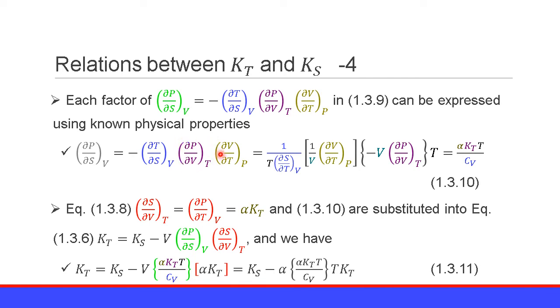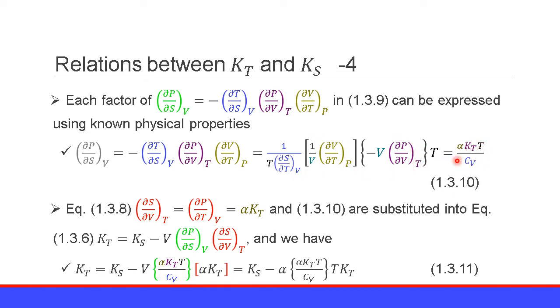The second factor, the ∂P/∂V at T, becomes the isothermal bulk modulus Kt by multiplying by minus V, and the ∂V/∂T at P becomes the thermal expansion coefficient alpha by multiplying by 1 over V. And because we have T in the denominator, we have a factor T out of this.